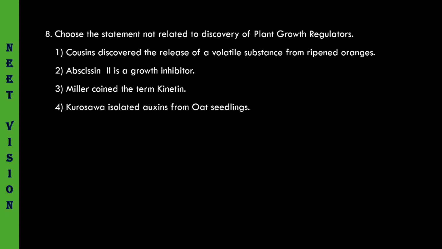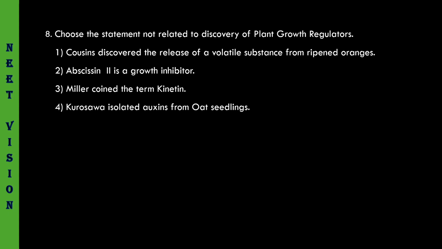Miller coined the term kinetin. Yes, Miller coined the term kinetin for the cell division inducing substance obtained from autoclaved DNA of herring sperm. Kurosawa isolated auxins from oat seedlings? No. Kurosawa did not isolate auxins. Kurosawa isolated gibberellins from the culture filtrates of Gibberella fujikuroi.